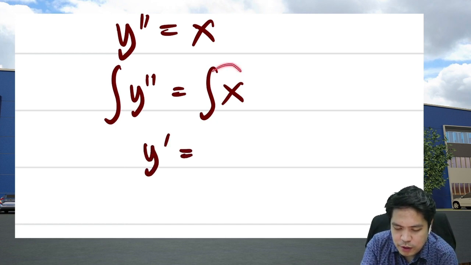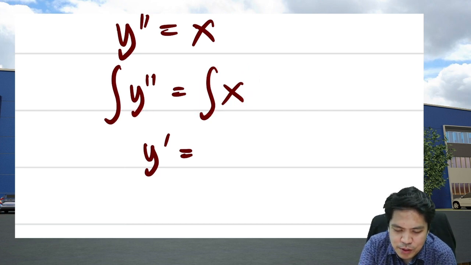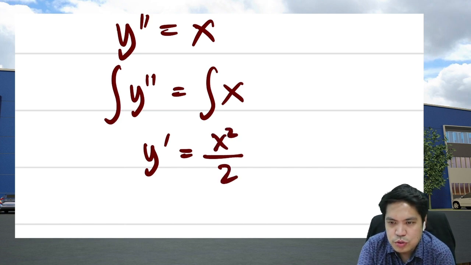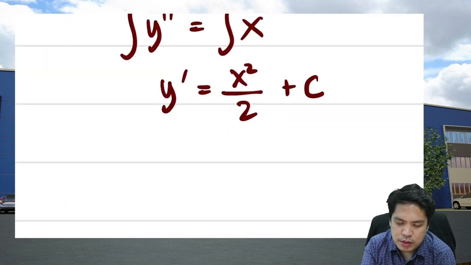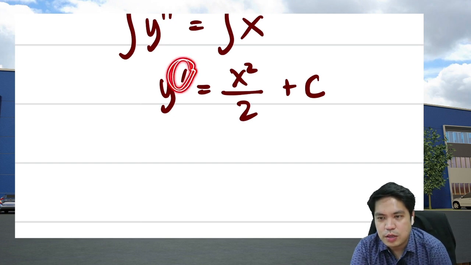Okay. So the integral of y double prime is just y prime. And the integral of this, so we know na dx, again, nandito yung dx niya. The integral of x is just x squared over 2, right? Because n is equal to 1, so 1 plus 1 is 2 over 2. Okay. Of course, plus arbitrary constant c. But wait, there's more. y prime pa siya. So we need another integration.